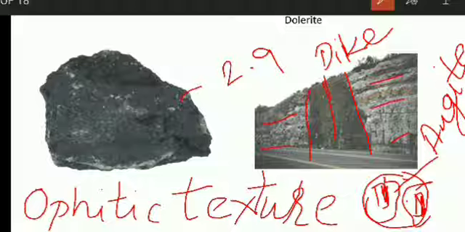It is a hypabyssal igneous rock, a basic igneous rock, because it is dark in color. It has dark minerals, which we call basic igneous rocks, because quartz is almost absent.